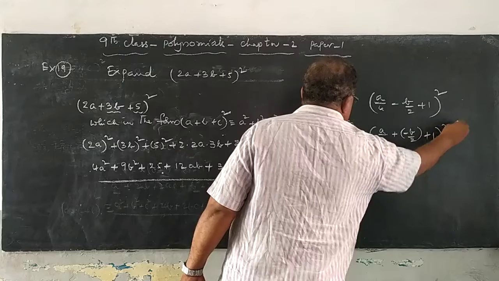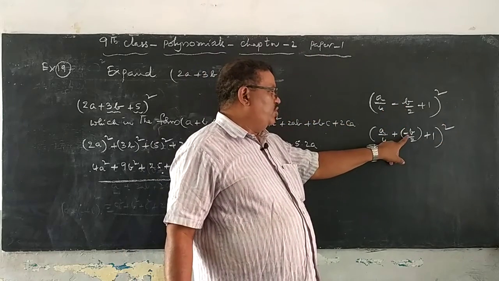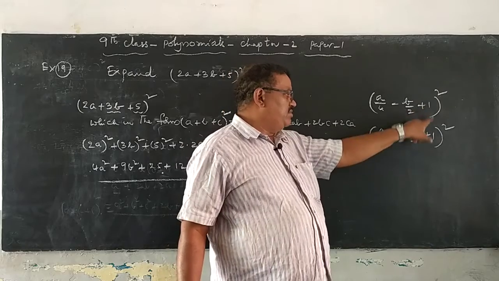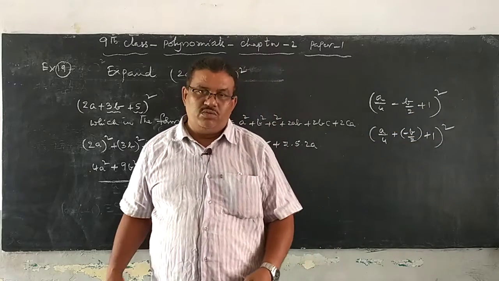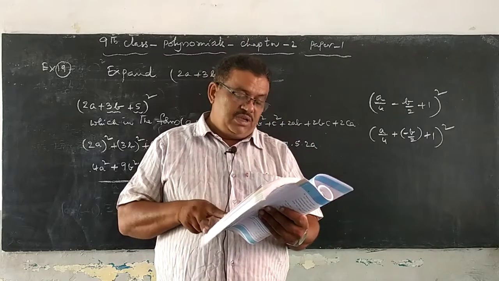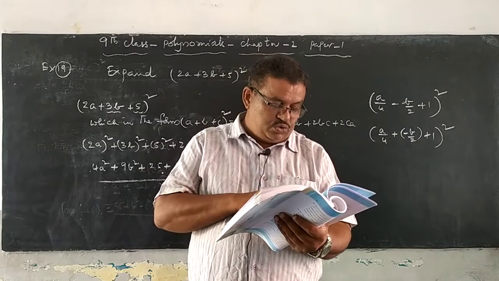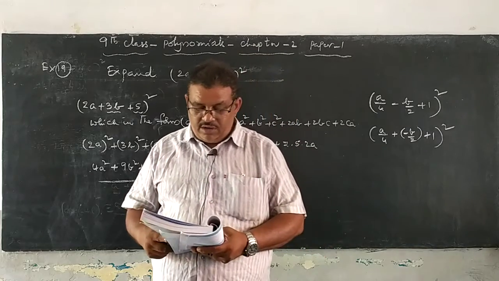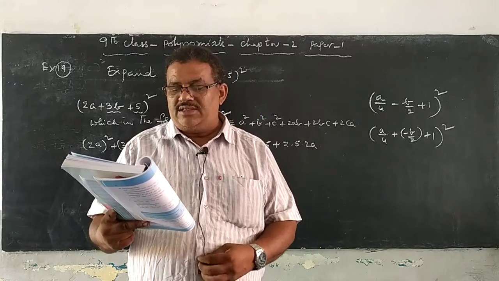You have to write like this: in place of a you get a/4, in place of b you get minus b/2, in place of c, 1. Then (a plus b plus c) whole square, expansion you have to do. So you have to do these three problems in exercise 2.5, 4th Roman, problems 1, 2, 3, children. Okay.